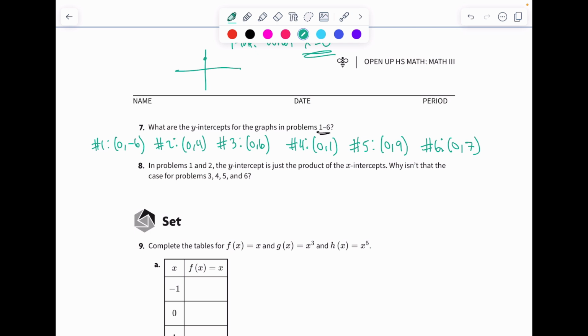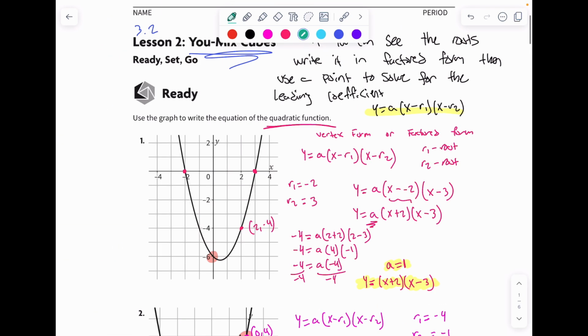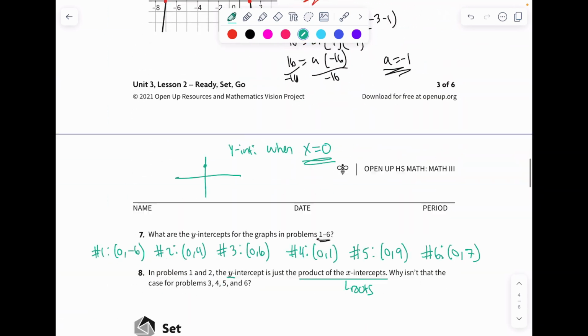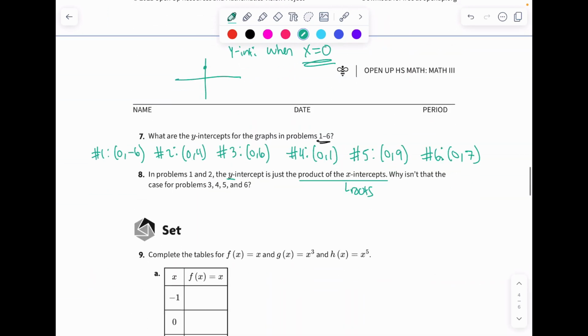In problems 1 and 2, the y-intercept is just the product of the x-intercepts. So the x-intercepts are the roots. Why isn't that the case for problems 3, 4, 5, and 6? So for 1, the y-intercept (0, -6) was a product of the x-intercepts.